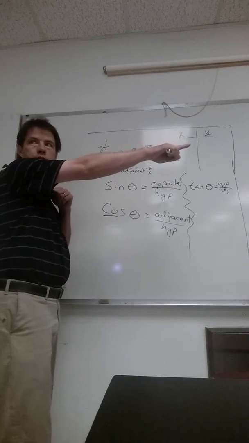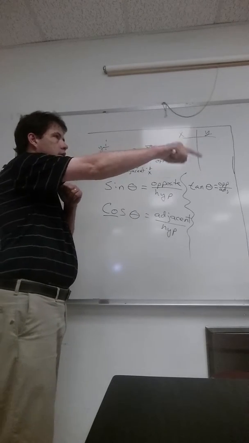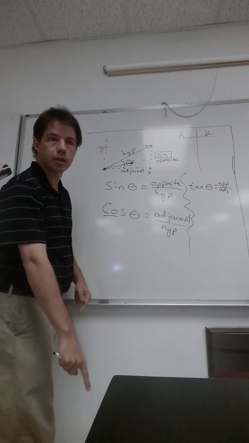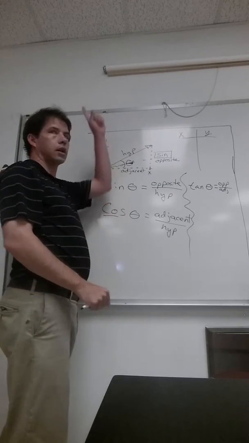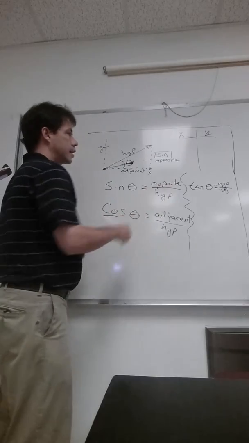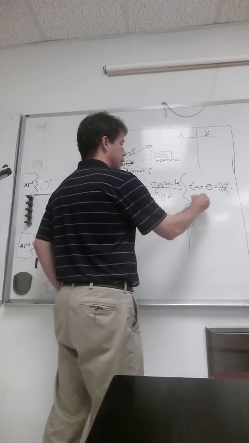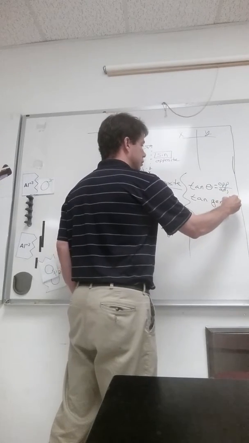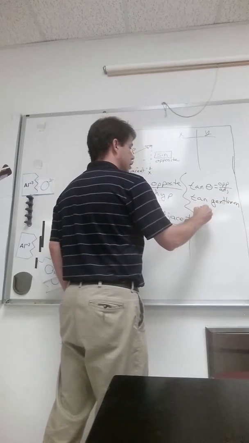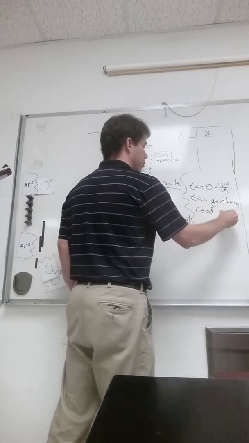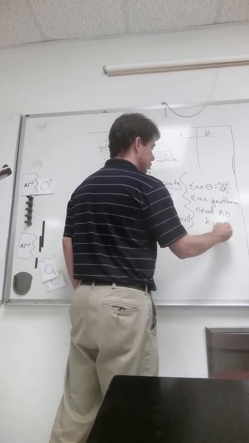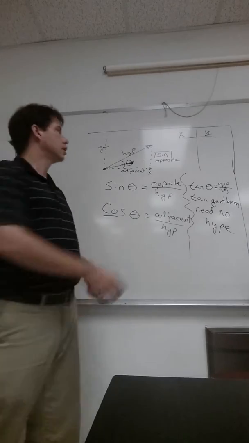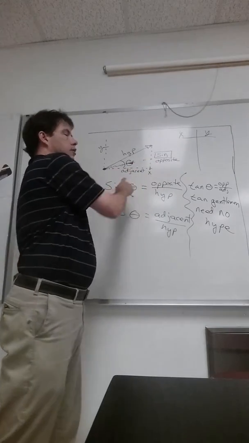Sine. I'm going to look across the street at the sign, okay, and then hypotenuse. Cosine, it's next to me, it's my buddy, it's at my feet, and hypotenuse. Tangent. I remember it this way. Tan gentlemen need no hype. Tan gentlemen need no hype. Okay? So it's got to be the opposite over adjacent.